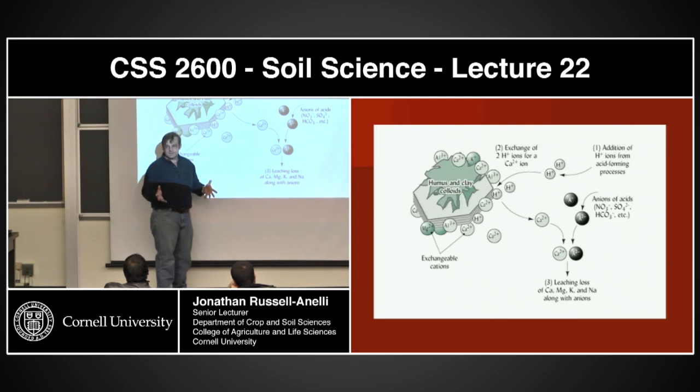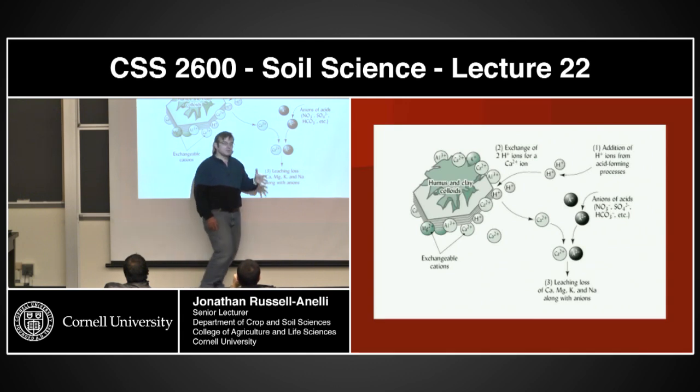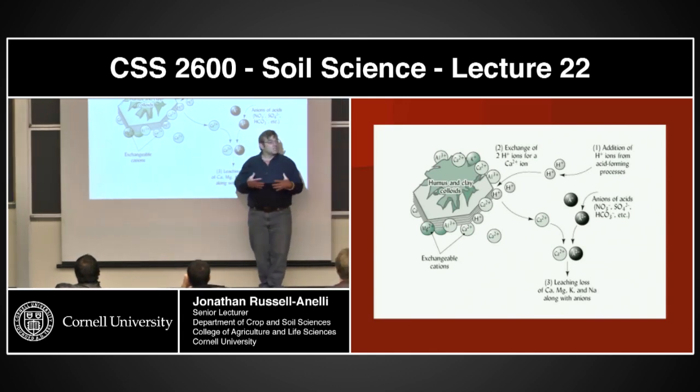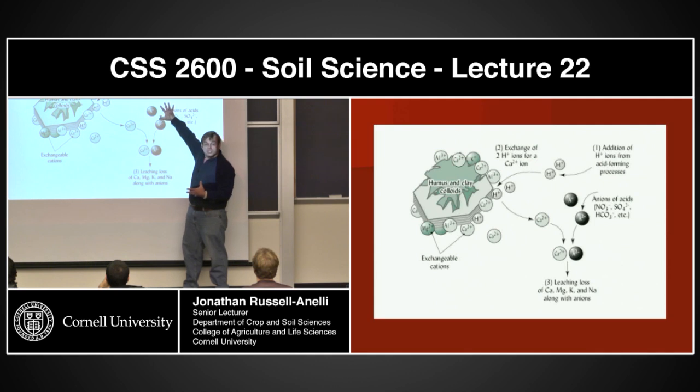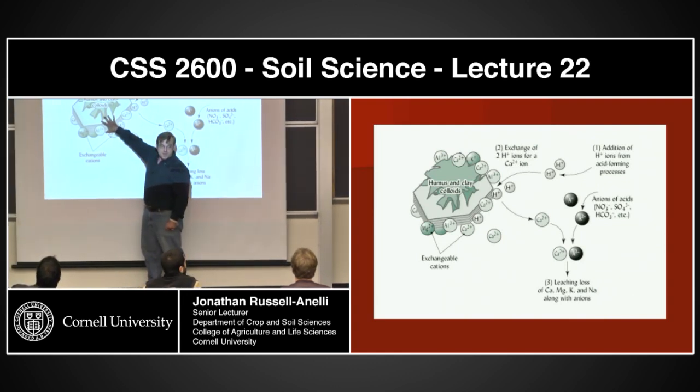Does that make sense? So as I start changing the proton concentration, as I start changing the acidity, I'm going to start changing the ion concentration in the soil solution, which is going to result in exchanges of the bases that are actually held on to the cation exchange capacity. Okay? This is why acidity is so important.